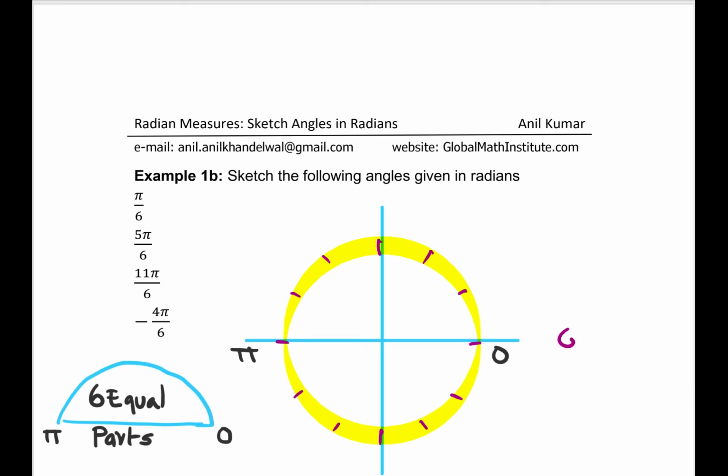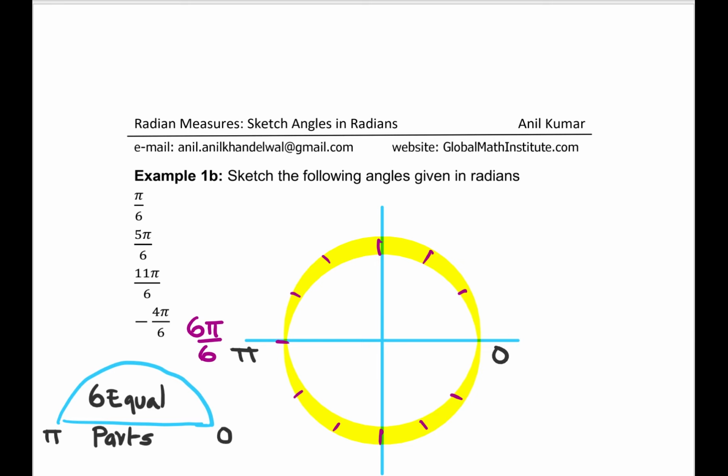So clearly, if I have 6 pi by 6, I get this as equal to pi. But if I have 12 pi by 6, clearly what you notice here is that pi is 6 divisions of pi by 6.